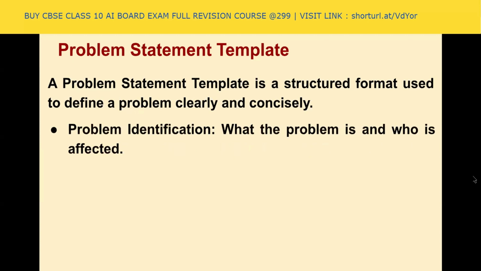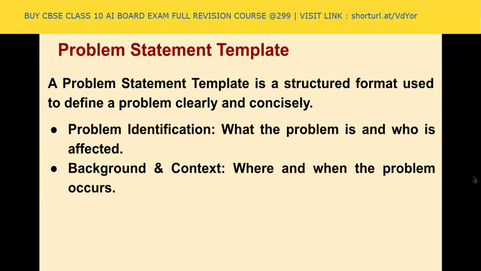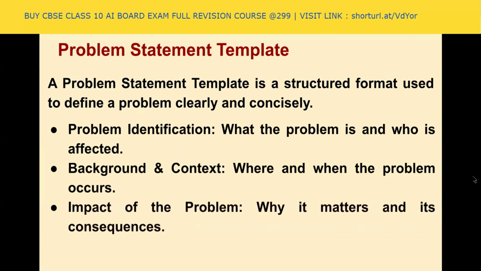Now, problem identification is very important, which is the what is the problem. Secondly, we need to know the background, where and in which context this problem is happening. Okay, so this is the where, location, and impact is basically the why it is important, why we need to solve it, and what are the consequences of this problem.